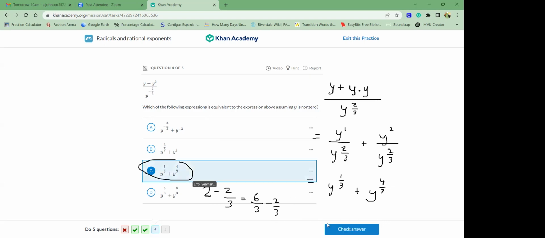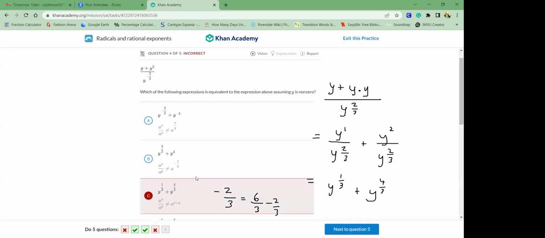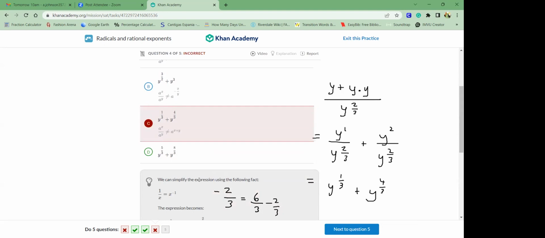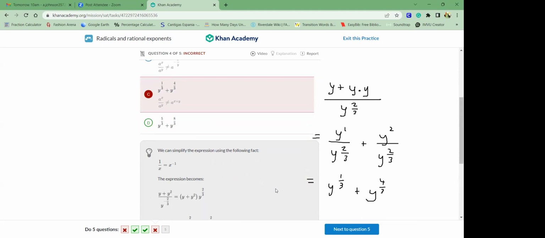Okay. These questions are just like rewriting those. Oh, we did it wrong. Wait a second. Let's go back. Did we do something wrong there? 1 minus 2/3 is 1/3. And then 2 minus 2 over 3, did we do this wrong?